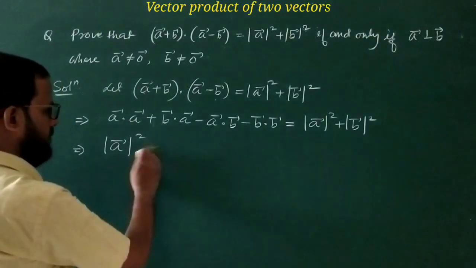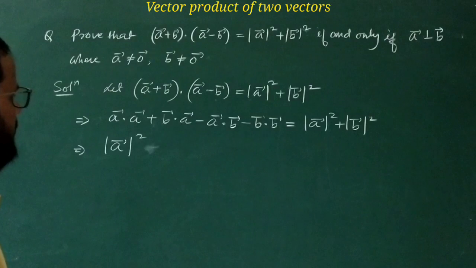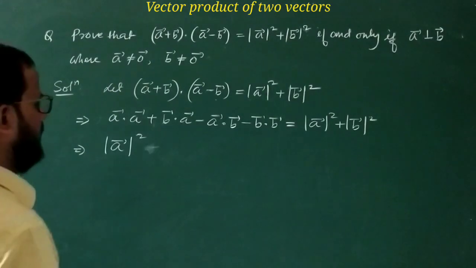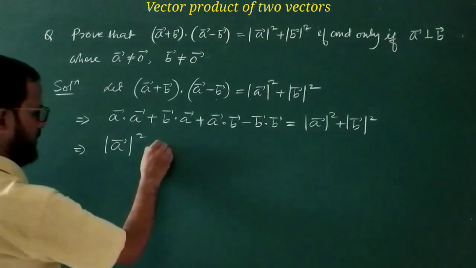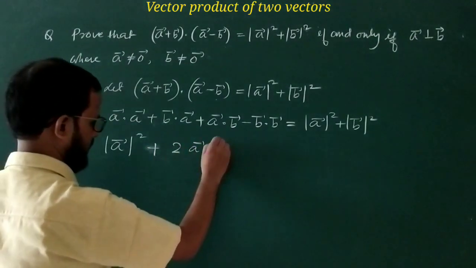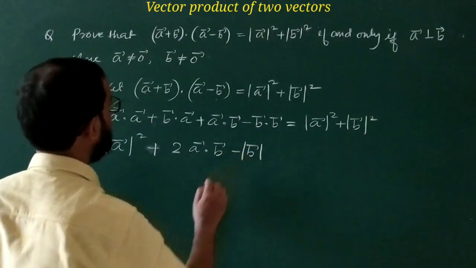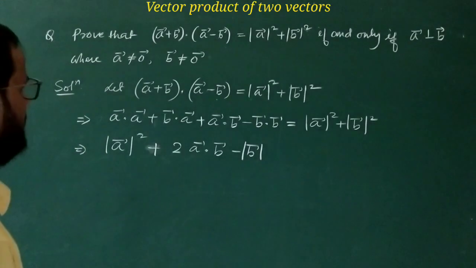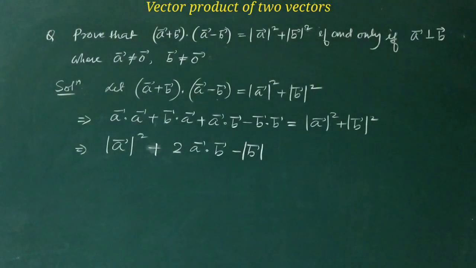So it will be minus something. I'm sorry, here plus hoga. Okay, I'm sorry. Okay. So both are same. This and these are same. So you can write 2 into A vector dot B vector minus magnitude minus something is wrong with this question.